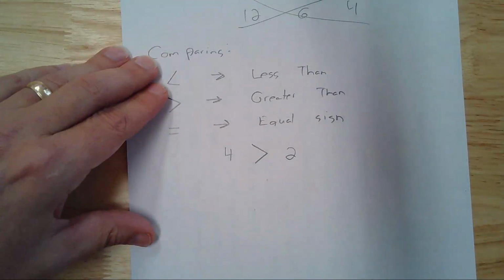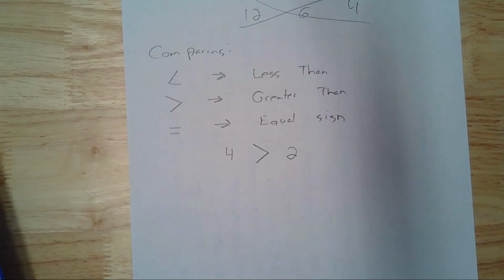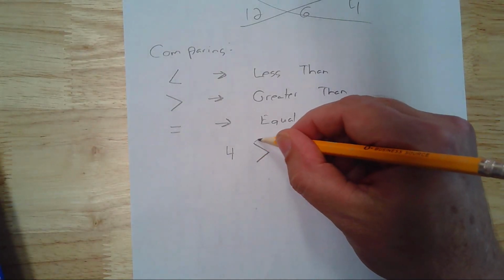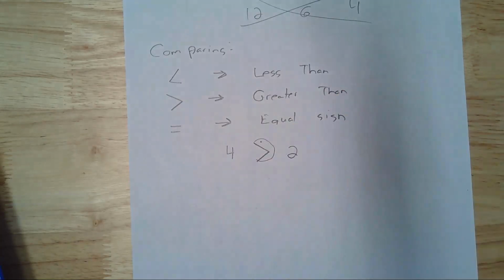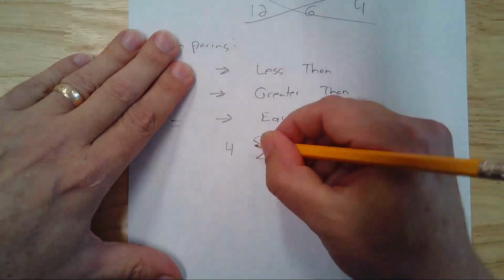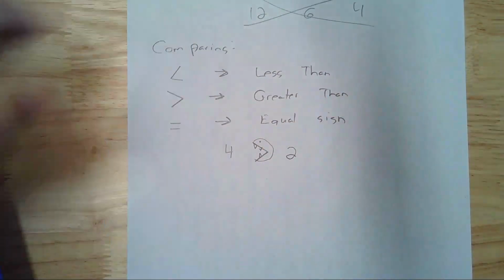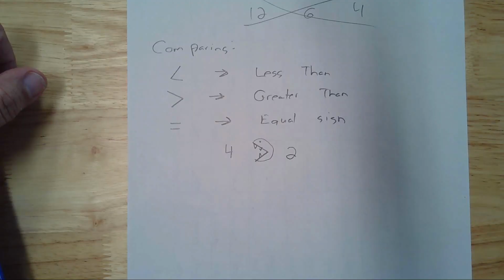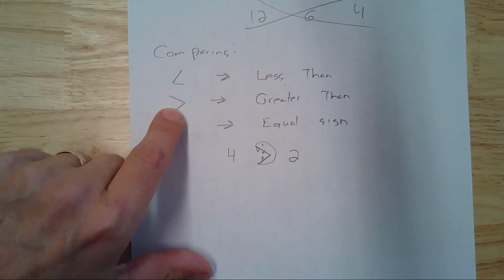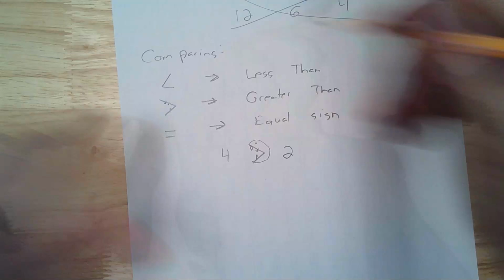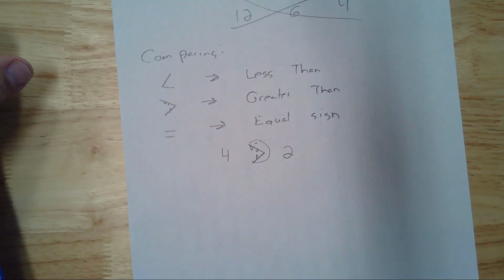Kind of looks like a Pac-Man guy to an extent. I mean, if I finish, right? Look at that. Now it's Pac-Man. See that? So the mouth always eats the bigger value. That's one way you can kind of remember it. The mouth here, yum, yum, yum, always wants to eat the bigger number. It's always super hungry. It wants to eat the 4.